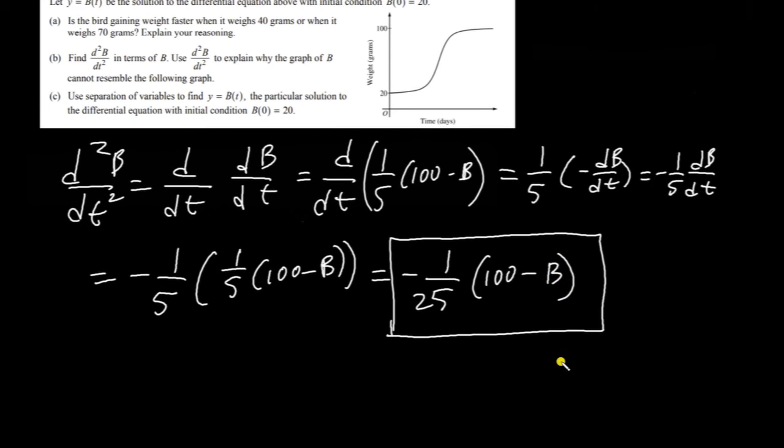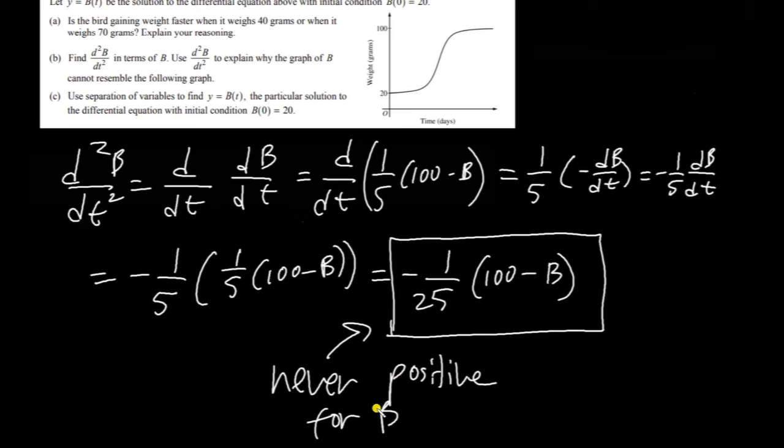That means (100 minus B) will either be positive or 0, never negative. Since there's a negative out front, for any B less than 100 this is going to be negative, and even if B is 100, it's going to be equal to 0. So this is never positive for 20 less than or equal to B, less than or equal to 100.